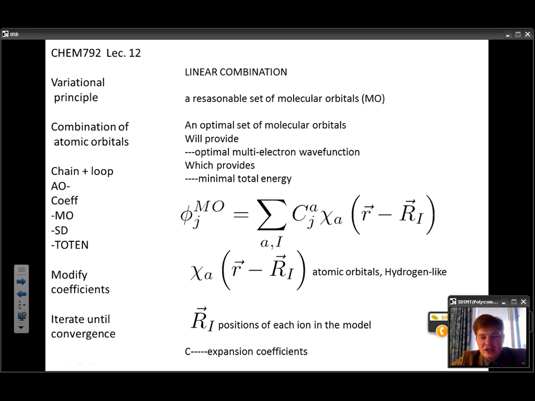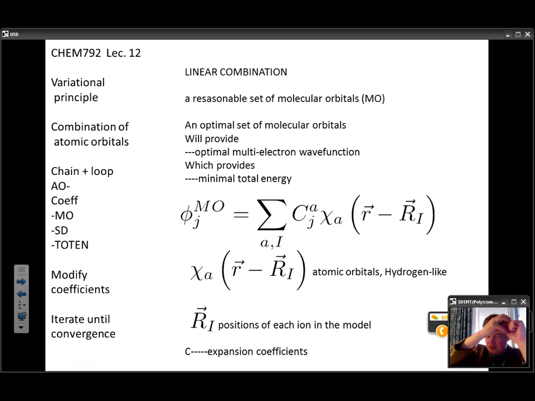And here we have a summation where the letter A stands for all quantum numbers, and the capital letter I stands for all ions. So the atomic orbitals are defined for each ion, and this R lowercase minus R uppercase means that atomic orbitals exist around each ion, right?